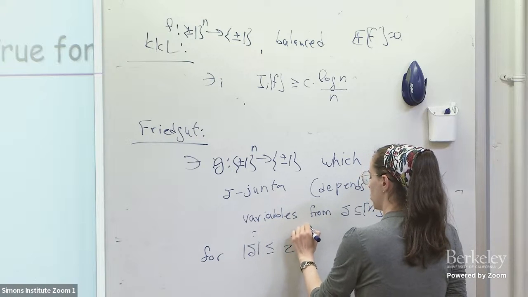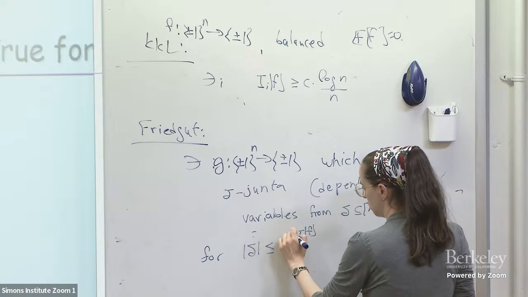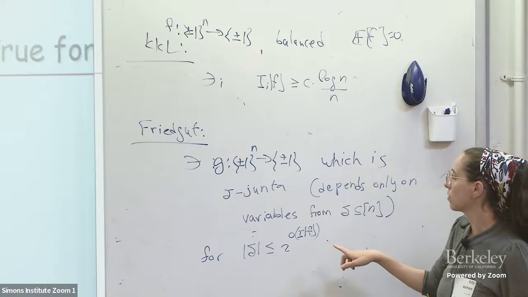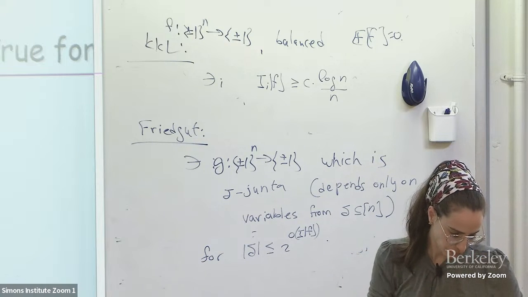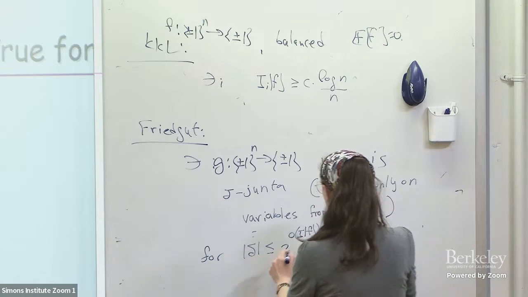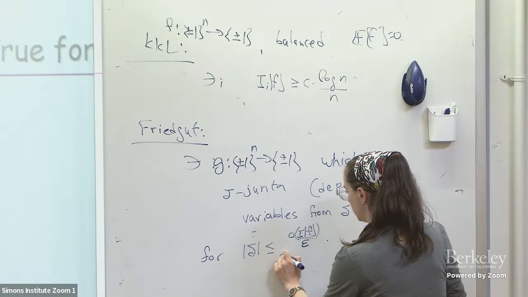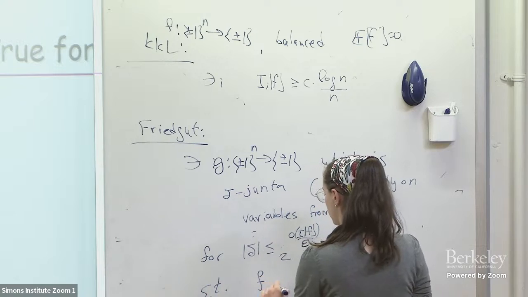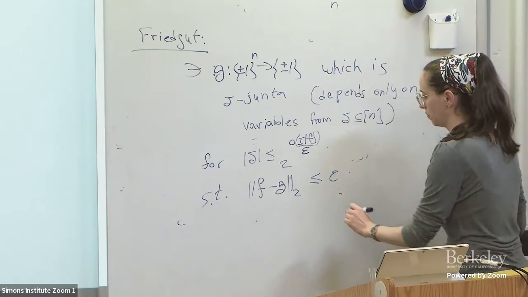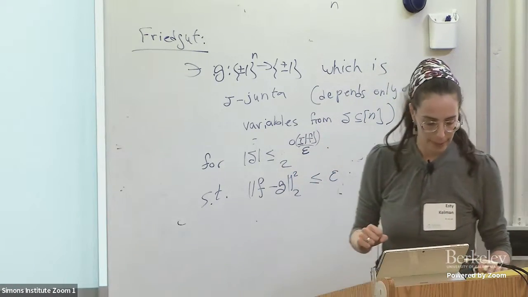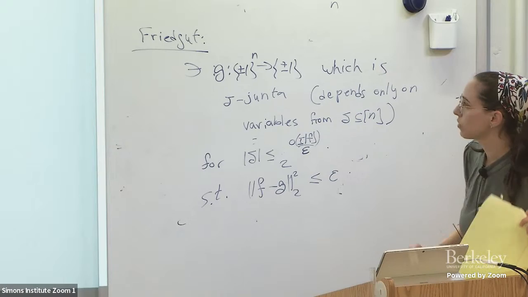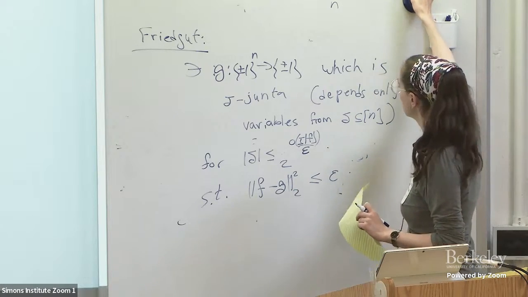Not too large means exponential in the total influence, such that F and G are close in L2 norm. I'll say something about the proof idea of this. The statement is clear.